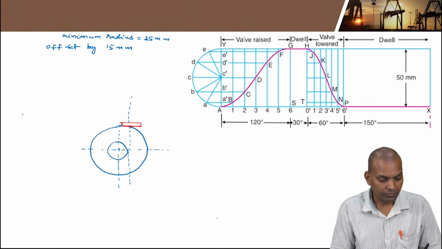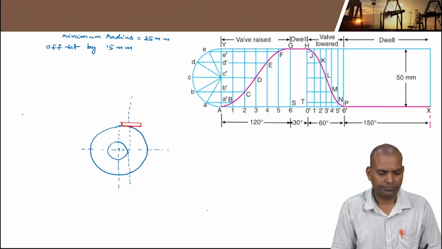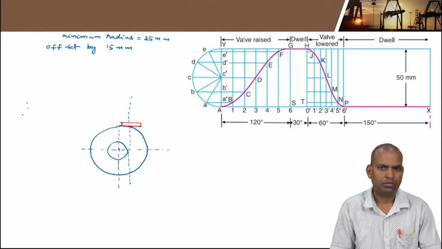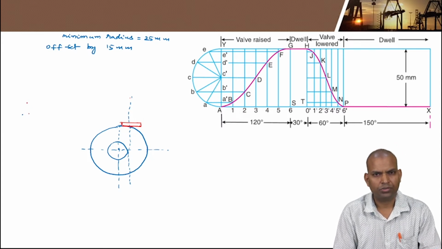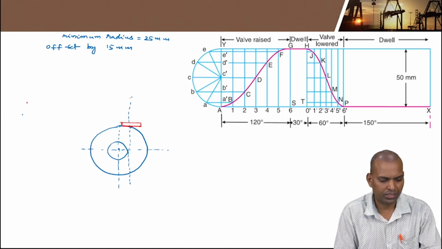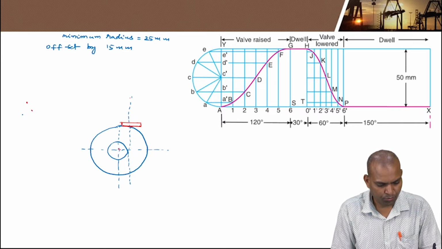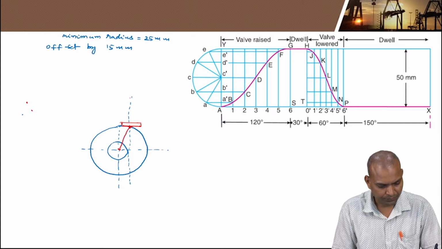Now divide this base circle into the outstroke, dwell, return stroke, and dwell angles. What is the outstroke? That is 120 degrees. Now join the center to this intersection point. This is our reference line.